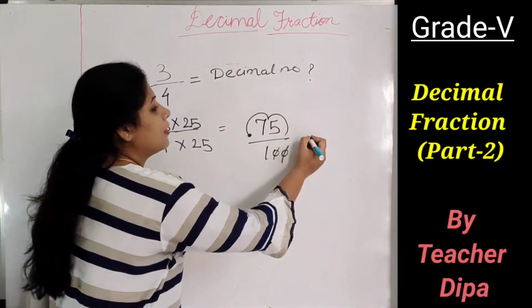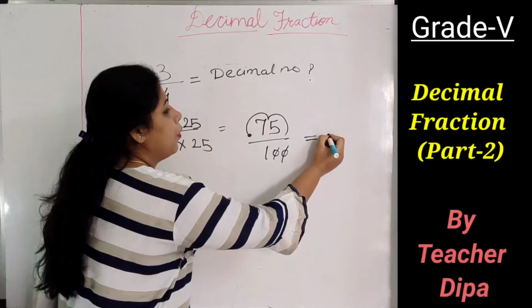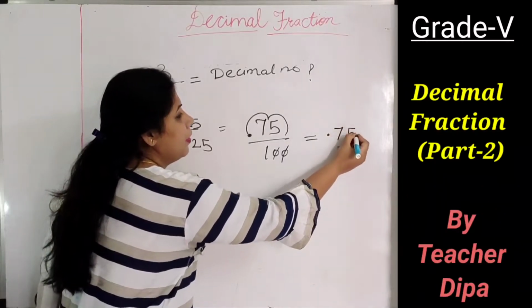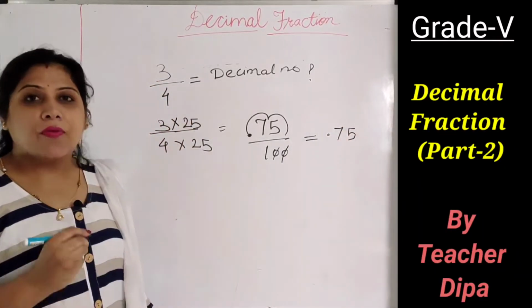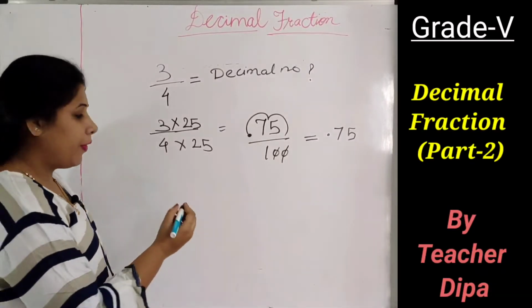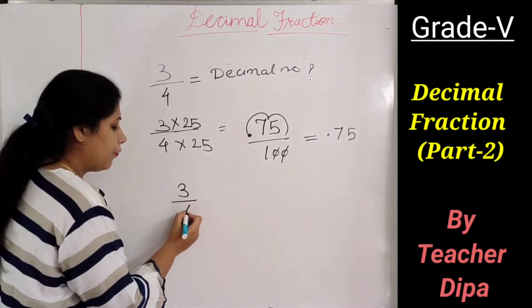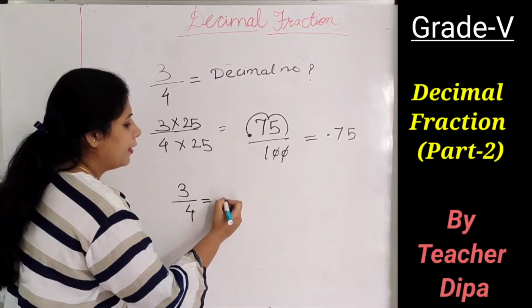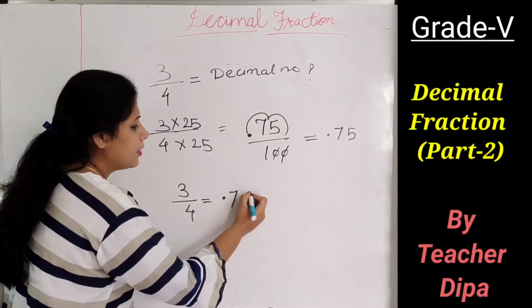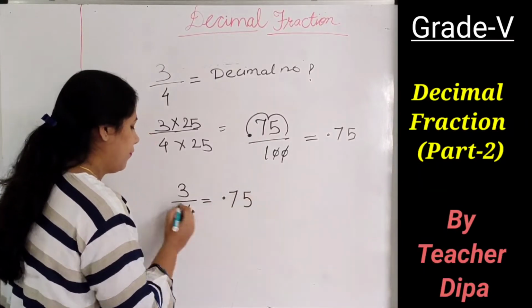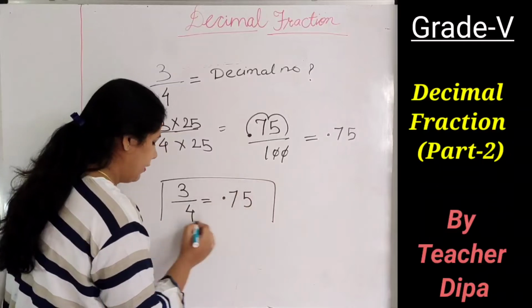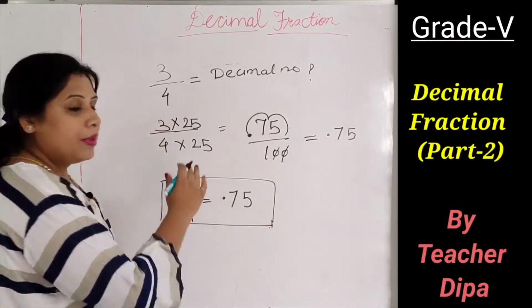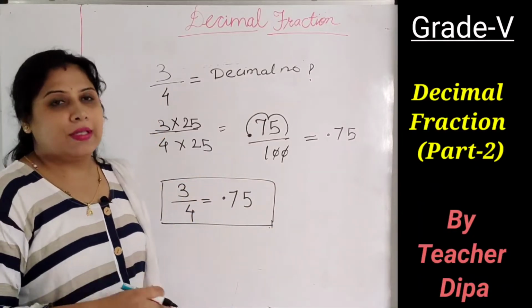So our answer is 0.75. It means while converting the fraction 3 upon 4, we get the decimal number 0.75, and that is our final answer. This we have done in our previous class.